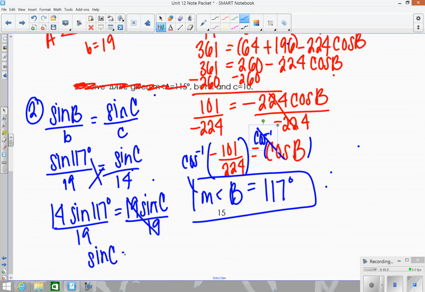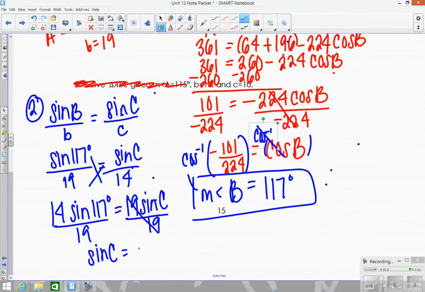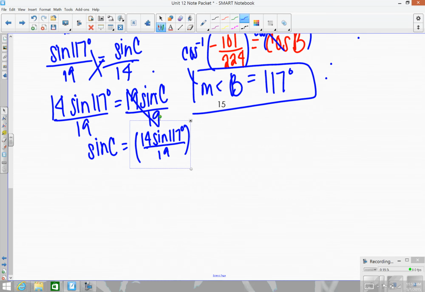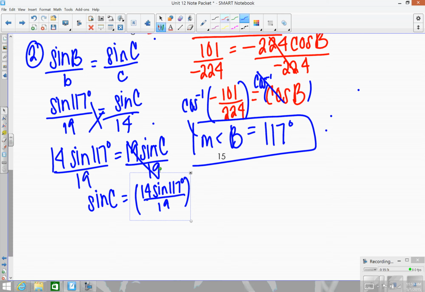So we get sine of c equals this whole thing here. And since I'm trying to solve for the angle this time, I'm going to have to do the inverse. So sine inverse of both sides of this whole thing. So the sines cancel, I'm left with c equals 41 degrees if I round to the nearest degree.